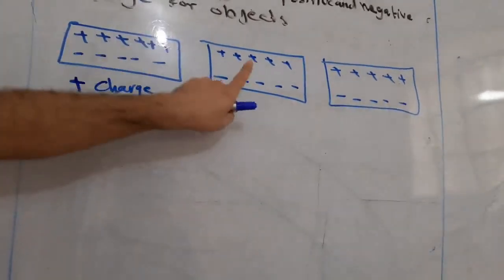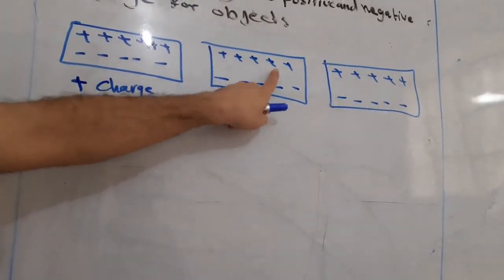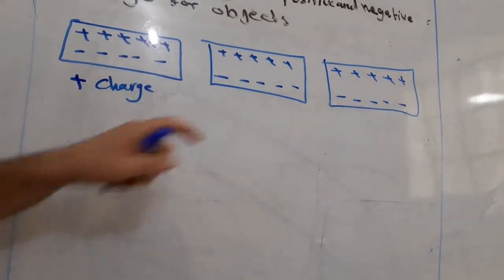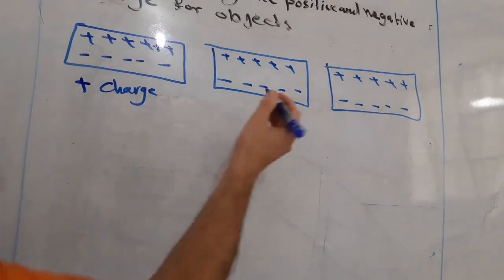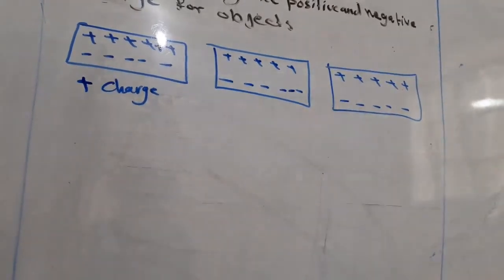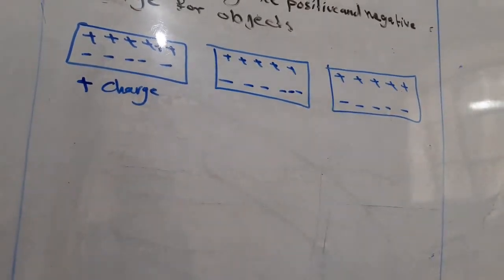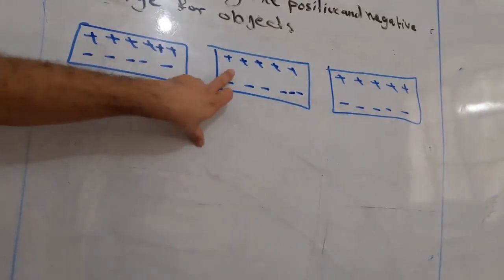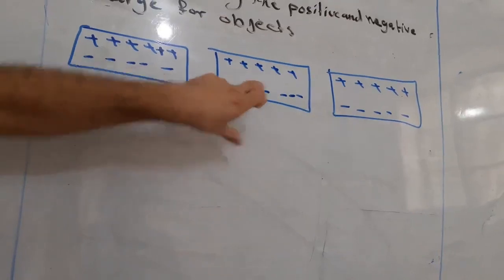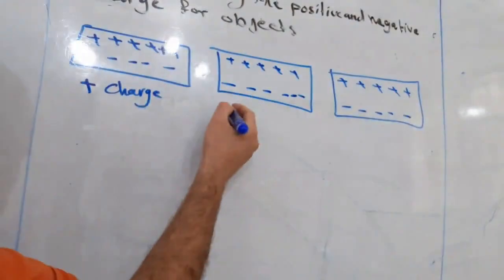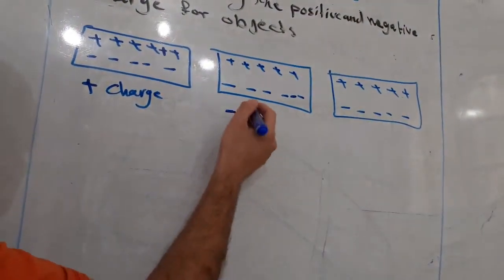This object has 5 positive charges and 6 negative charges. The negative charge is more than the positive charge, so this object has negative charge.